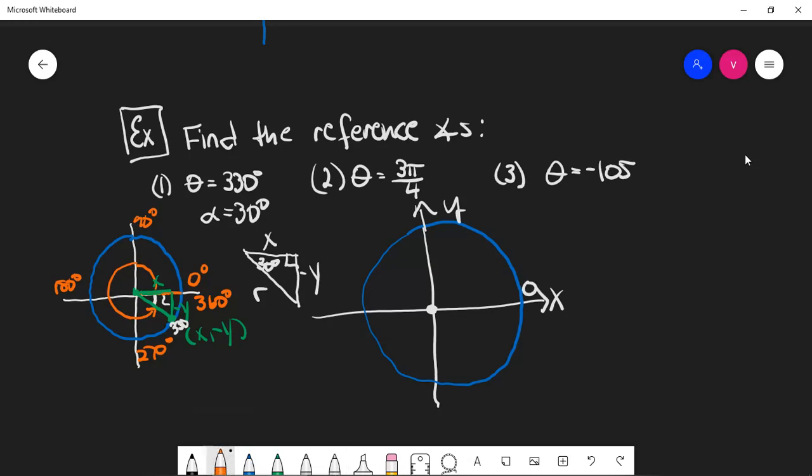And up here, if you go one time around the circle, that's 2 pi, right? 2 pi is 1 time around the circle. That means halfway around the circle is over here. That would be pi. And then halfway between 0 and pi, a quarter way around the circle, that would be pi over 2.